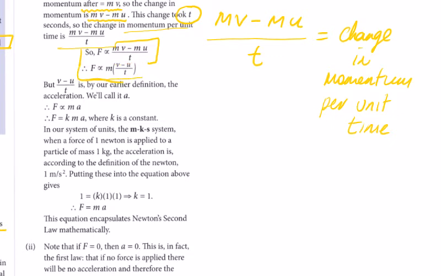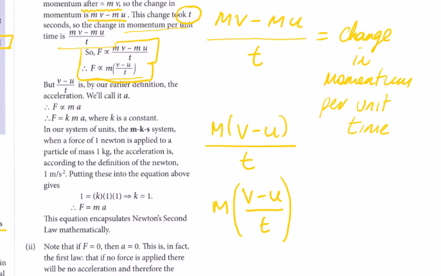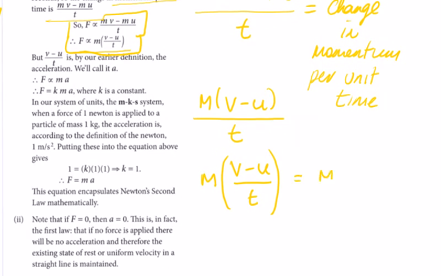Force is proportional to m, and if we factor out the m, times v minus u over t. Force is proportional to that. But what is v minus u over t from linear motion? That's acceleration. So we end up with ma, which is going to be our equation for force.